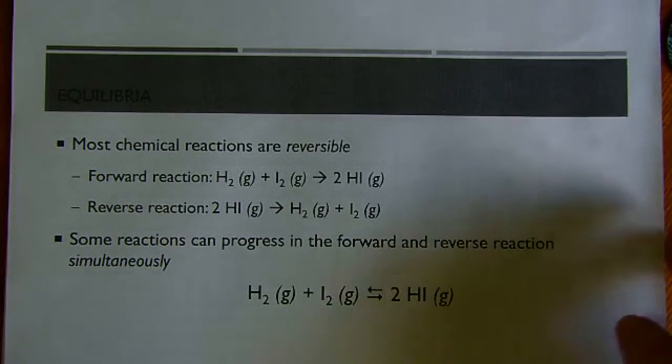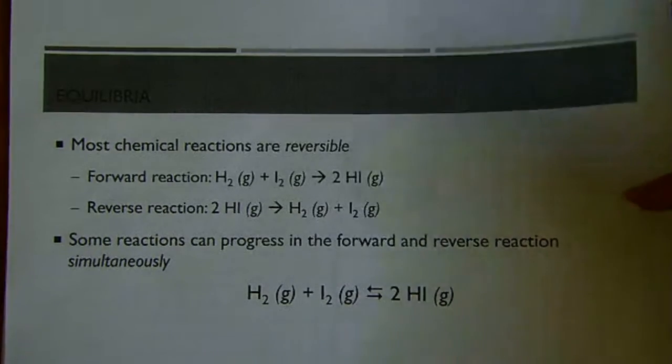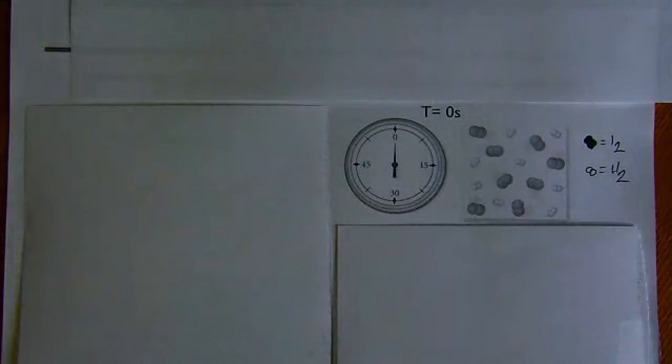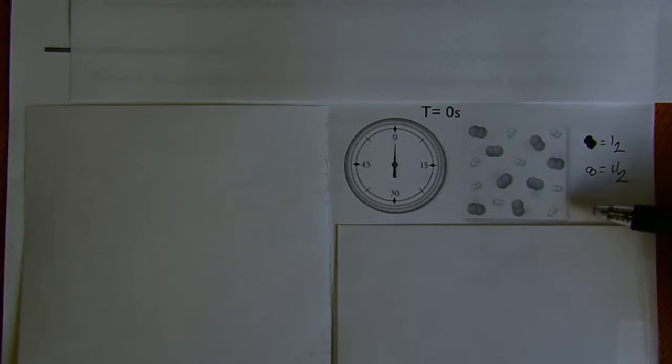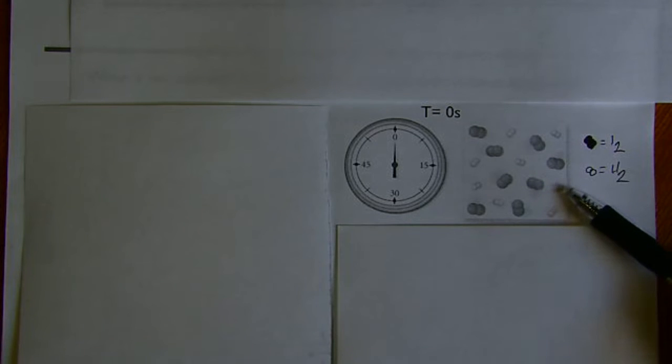So let's say that we did a reaction with hydrogen and iodine. Just before the reaction begins, our reaction mixture might look like this. Our shaded spheres and blobs are iodine. Our unshaded spheres and blobs are hydrogen.